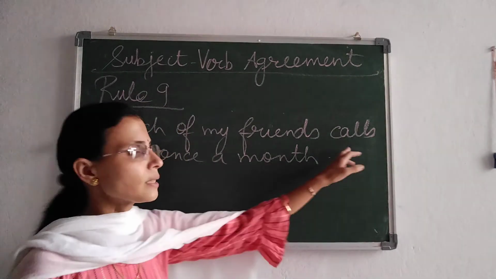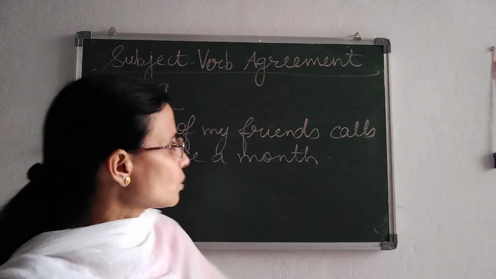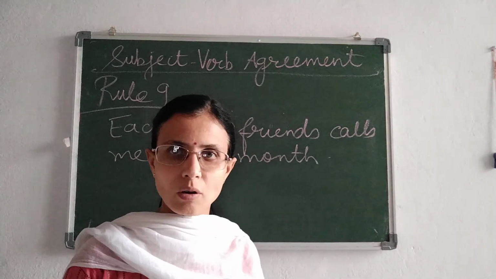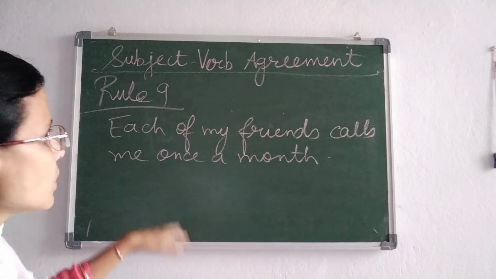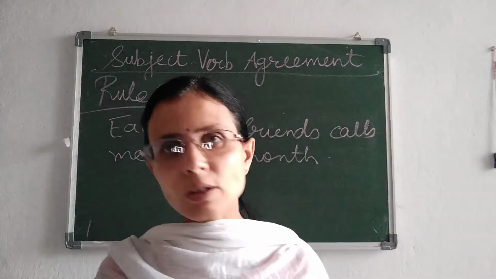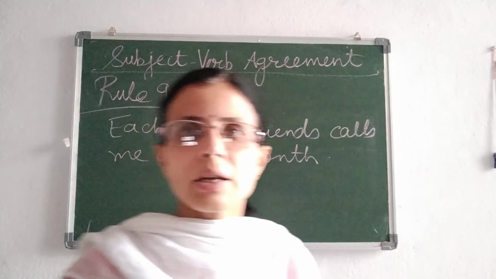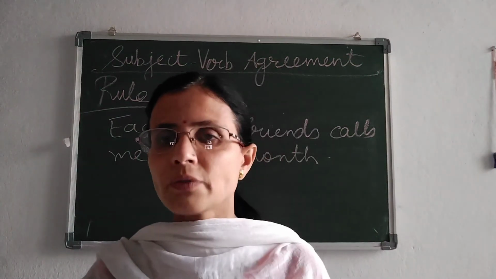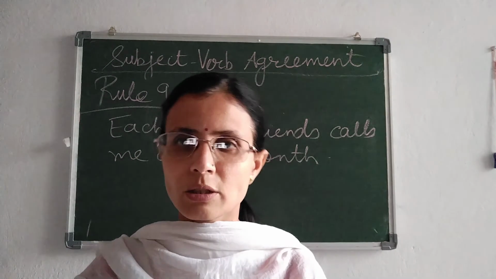Singular form means you will put S or ES in the last in the verb. So that's why we will write here calls. Okay. So each of my friends calls me once a month. Since subject is singular, so the verb will also be in singular form. This was another rule. Now, the remaining rules of subject-verb agreement we will discuss in the next video. Thank you.